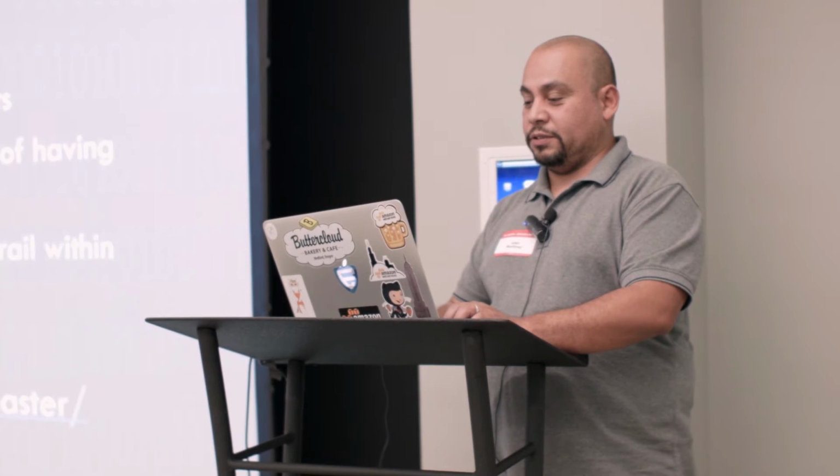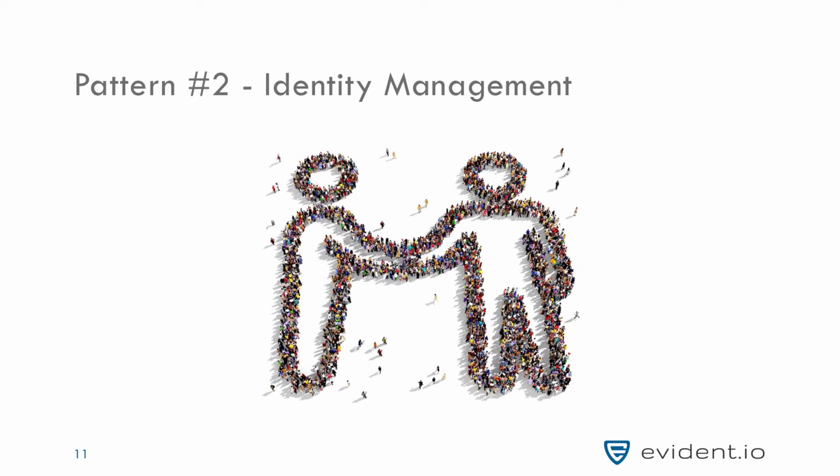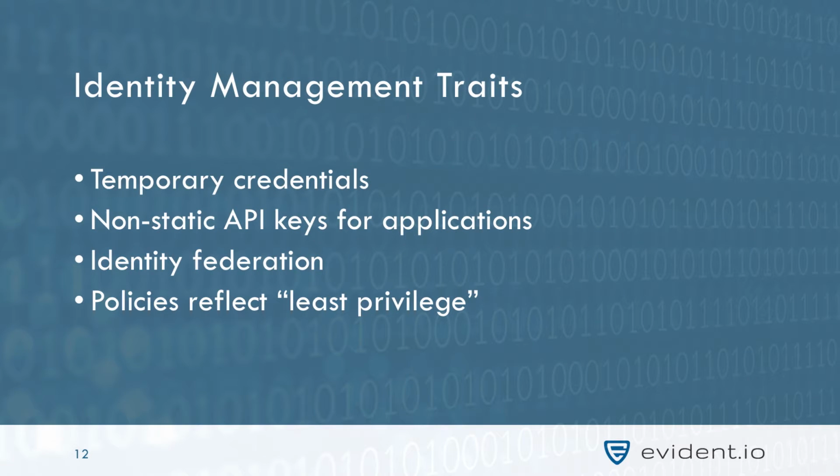So let's go back to my second pattern in secure DevOps. It's identity management, right? Managing my identities in AWS. Definitely, you want to look at certain traits of that particular pattern. The use of temporary credentials. If you're not familiar with EC2 roles for EC2 instances, I highly, highly, highly recommend them, right?